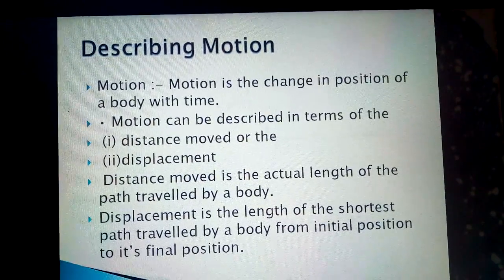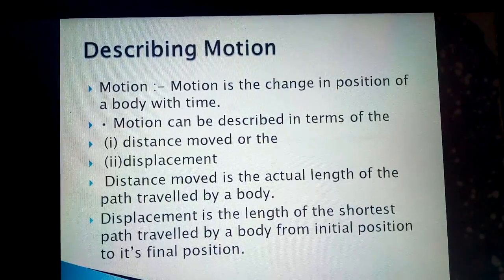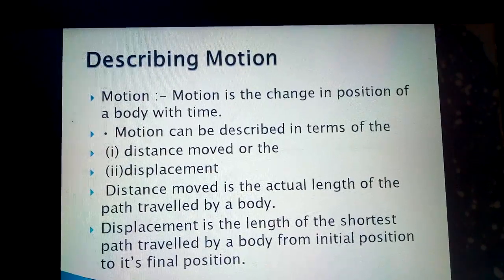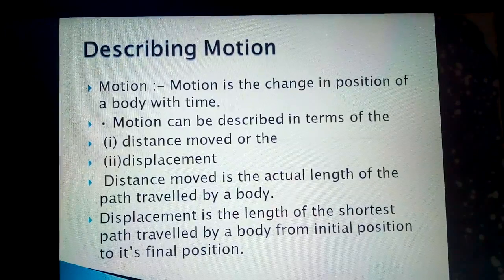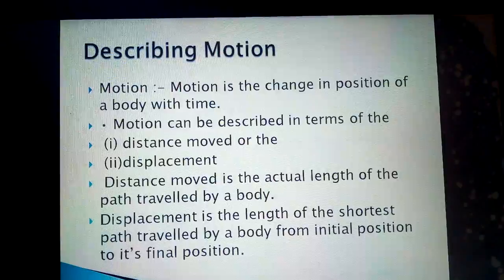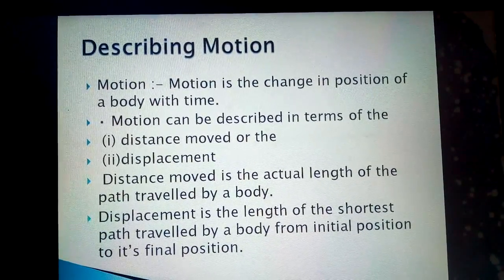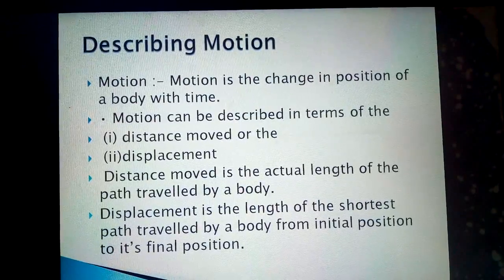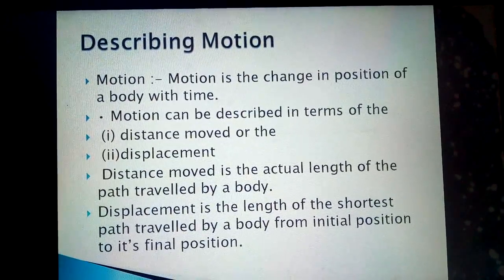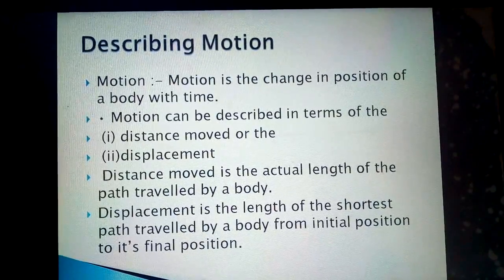But when I come back to my home, my total distance covered will be 500 plus 500. So I am covering 1 kilometer or 1000 meters of distance. The total distance covered is 1 kilometer or 1000 meters. But what is displacement?